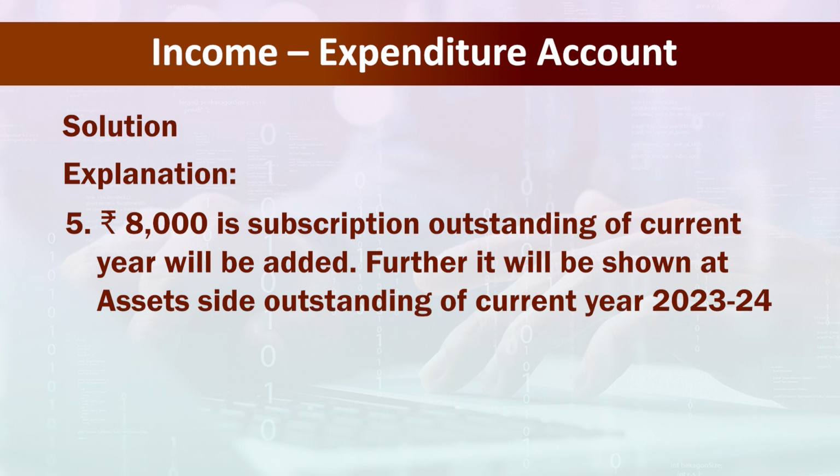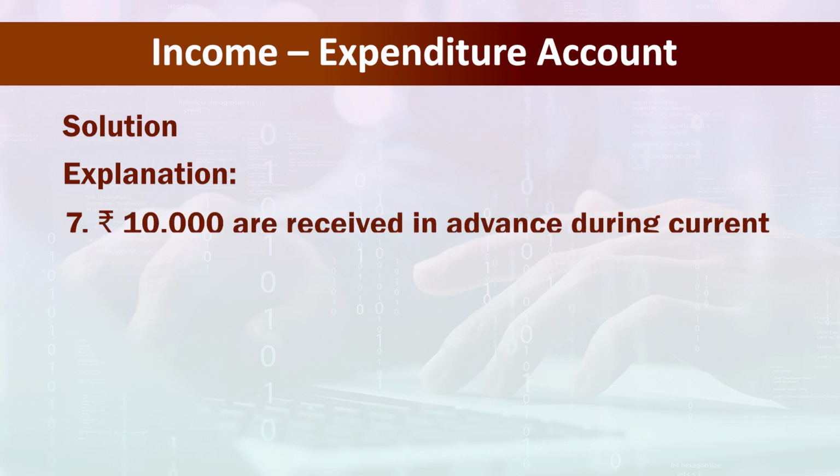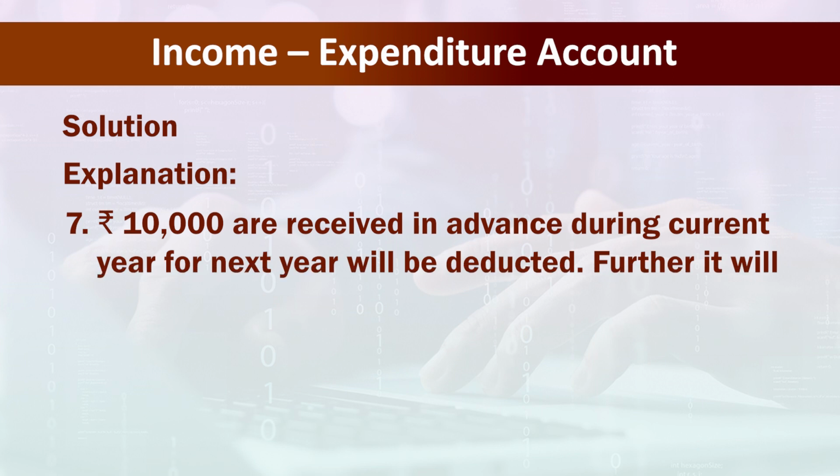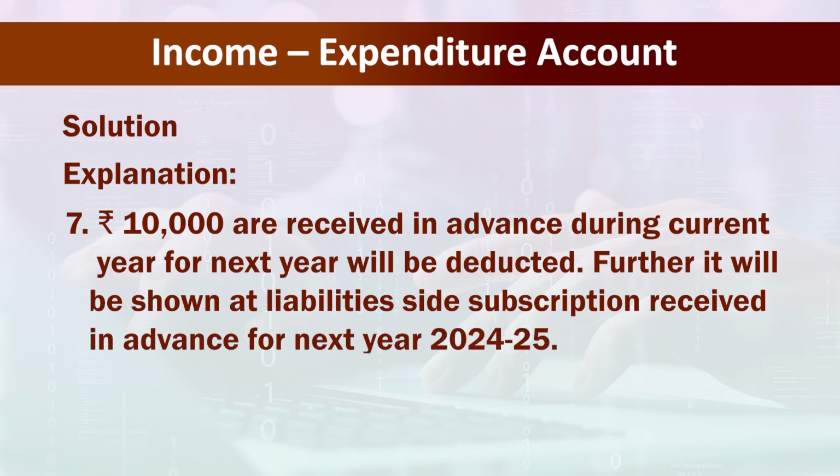Further, it will be shown at asset side outstanding of the current year 23-24. Rupees 9,000 are received in advance during last year of current year will be added. Rupees 10,000 are received in advance during current year for next year will be deducted. Further, it will be shown at liabilities side subscription received in advance for next year 24-25.